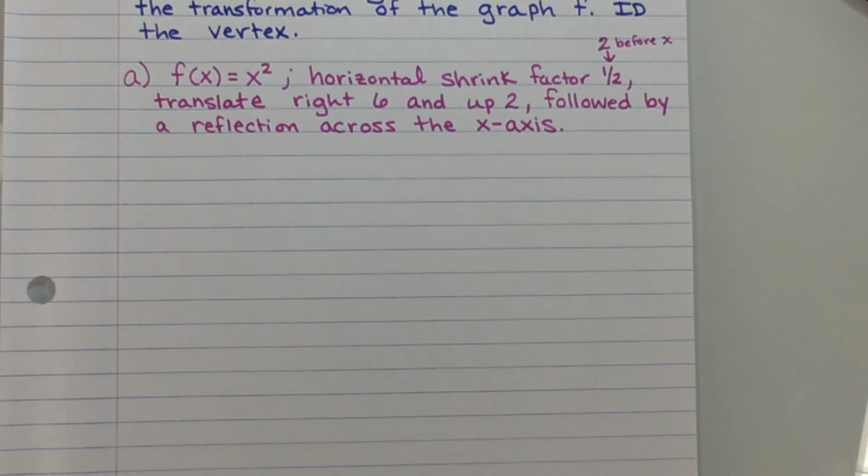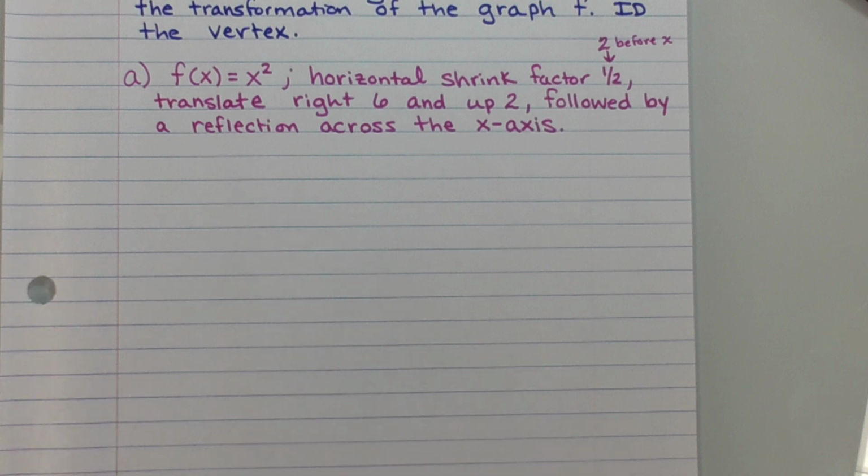Now, when it's in vertex form, another thing I want you to remember is where that squared goes. Do you notice it goes outside the parentheses? If you move it inside the parentheses, you've got a very different problem. Make sure it goes outside the parentheses.